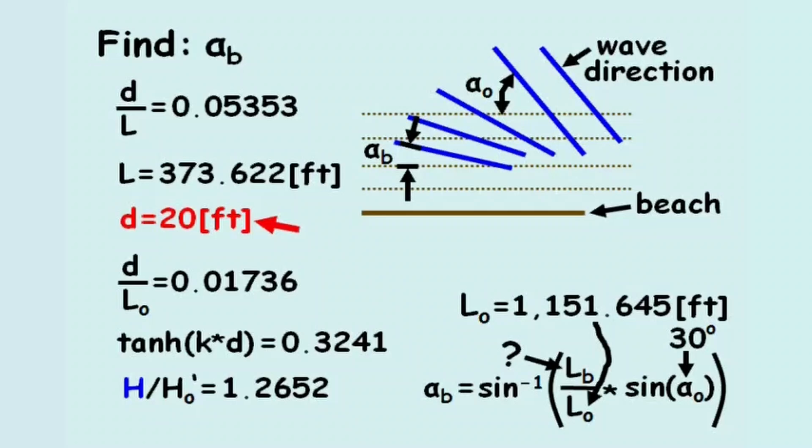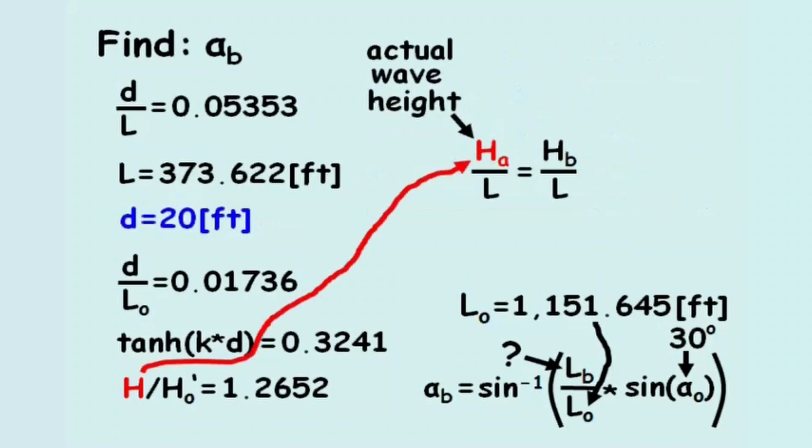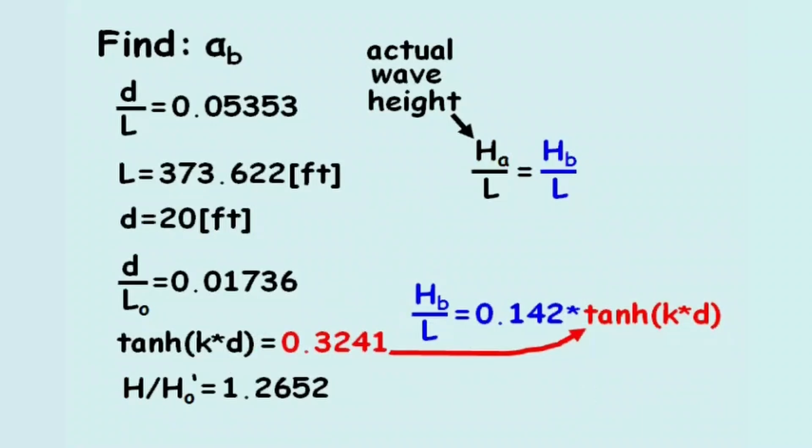And that variable h is what we'll use to compare the actual height, ha, with the height of the breaking wave, hb. The right-hand side of this equation, hb over L, equals 0.142 times the hyperbolic tangent of kd, which equals 0.0460.